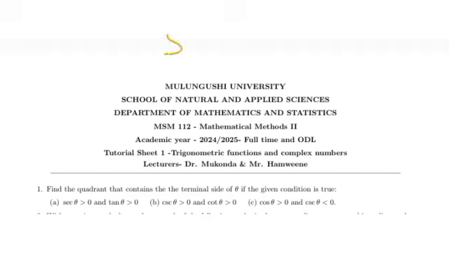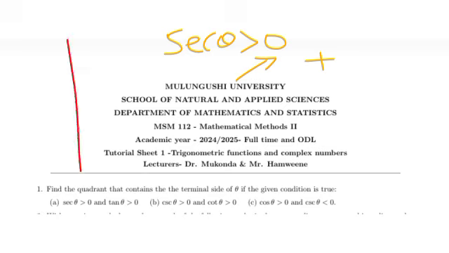Anything that is greater than 0 is on the positive side, because negatives are never greater than 0.